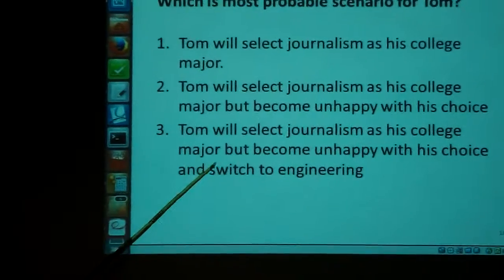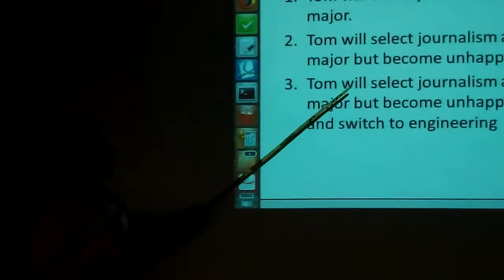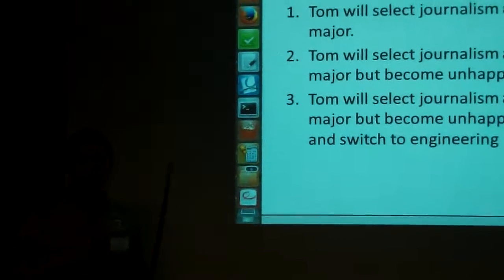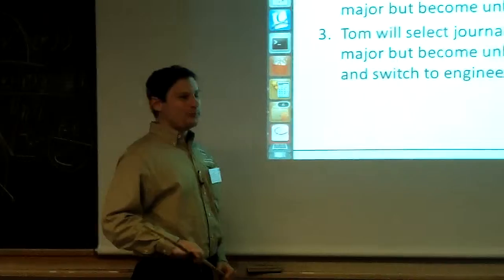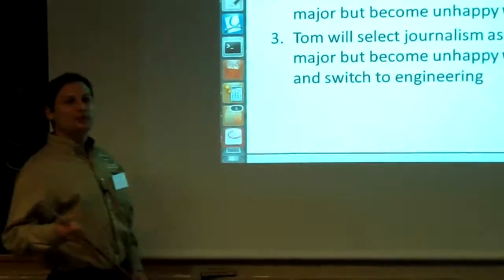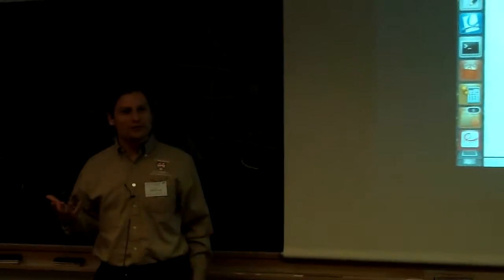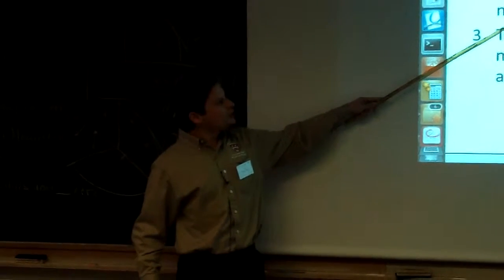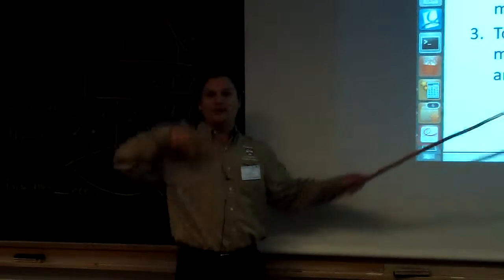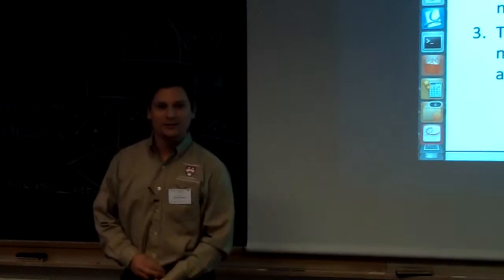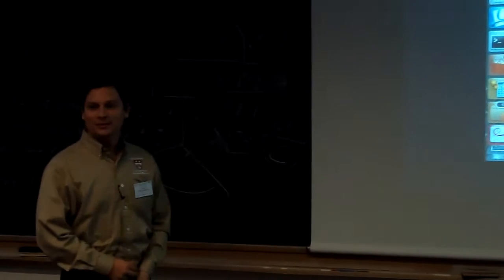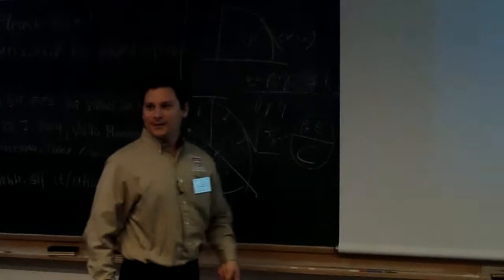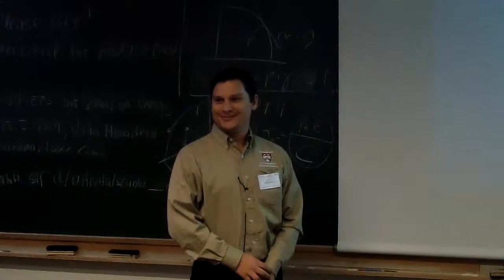What the people who participated in the study were asked is, which of these scenarios is most probable? Scenario 3 contains 2 and 1, and 2 contains 1, so 1 is the most probable because it has the least amount of information. When you move from 1 to 2, you're making an additional assumption. When you move from 2 to 3, you're making another assumption on top of that. But most people are just looking for the word engineering.